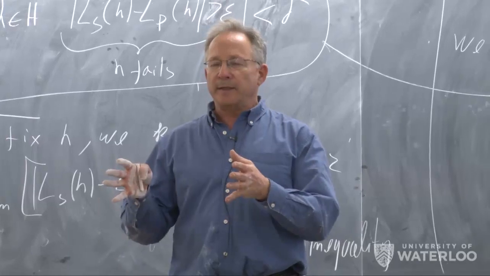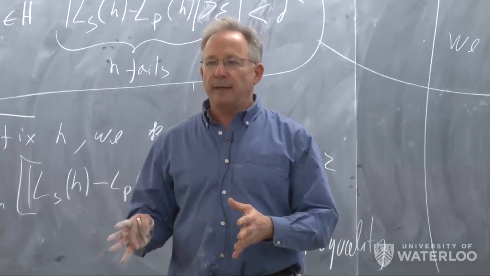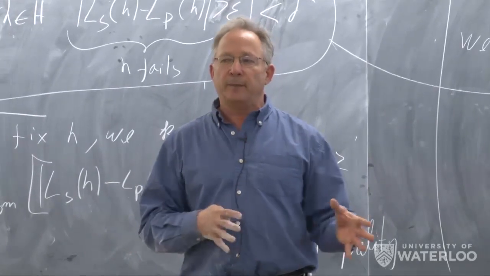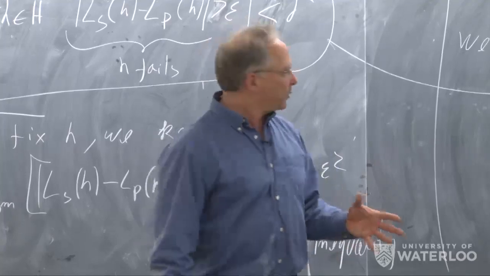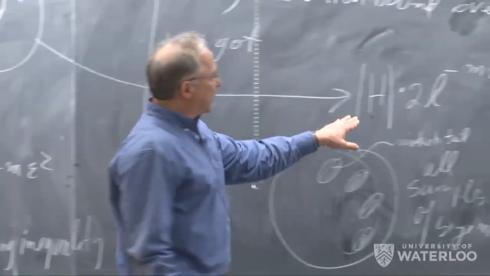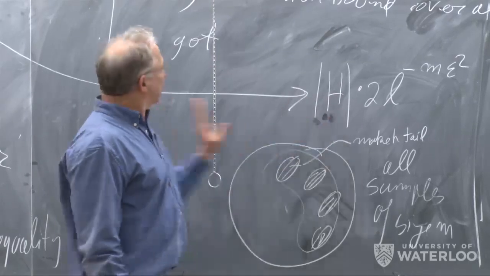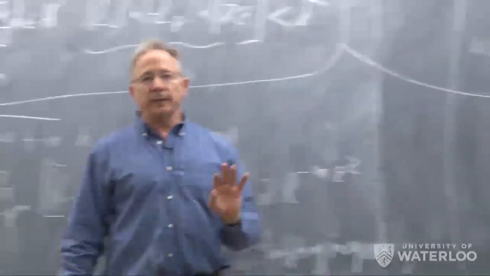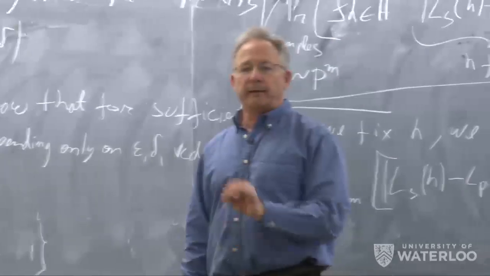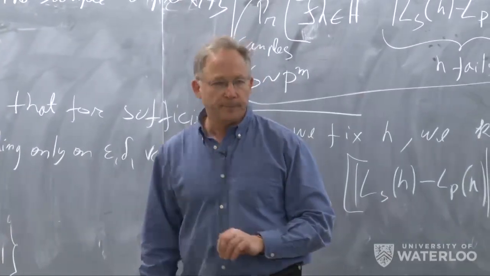Now we want to transition from finite H to H of finite VC dimension. The problem is that H could now be infinite. What I did here, I just repeated the argument that we had to show that every finite H is learnable.